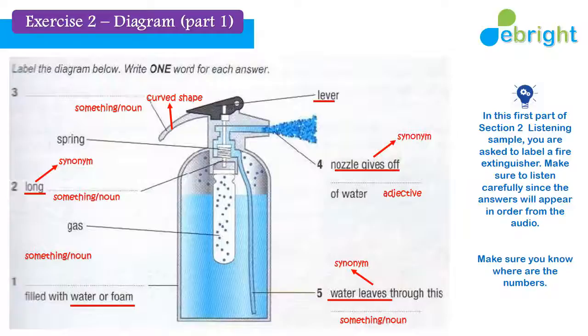So number 1, we need a noun. Number 2, we need a noun. Number 3, we need a noun. Number 4, we need an adjective. And number 5, we need something, or a noun. Let's listen. I will play the audio twice and we will discuss right afterward.